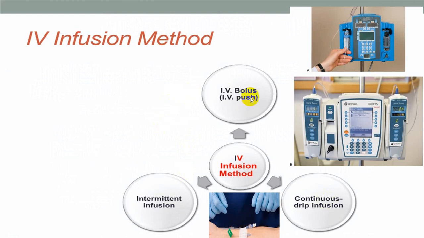We already mentioned you can give a bolus, intermittent infusion or continuous drip form. Continuous drip will be used very frequently for maintenance, while intermittent infusion or bolus will be used very frequently in a case of resuscitation.